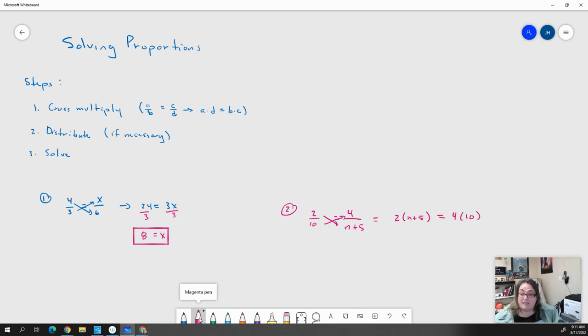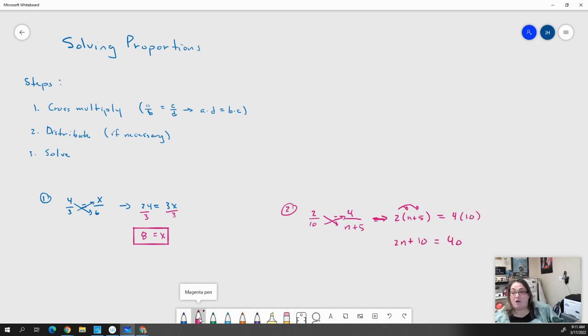And then we can go ahead and simplify and solve. Notice it says distribute if necessary. In this case, it is absolutely necessary that we distribute. We're going to go 2 times n, which is 2n, plus 2 times 5, which is 10, equals 40.